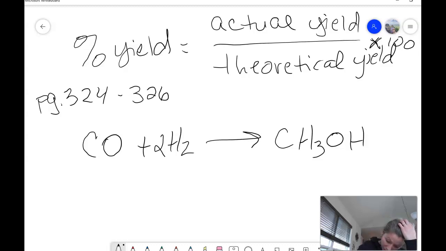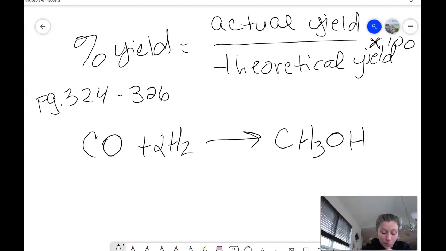What you want to figure out is the amount of product that you're going to produce. So you can go through the work and figure out the theoretical amount of methanol that's produced.